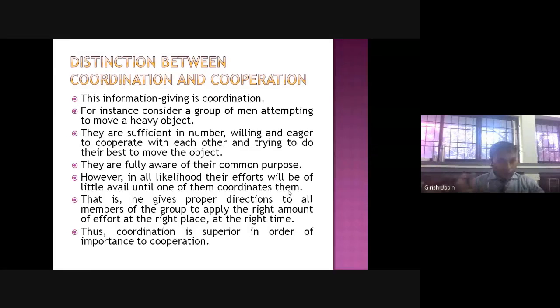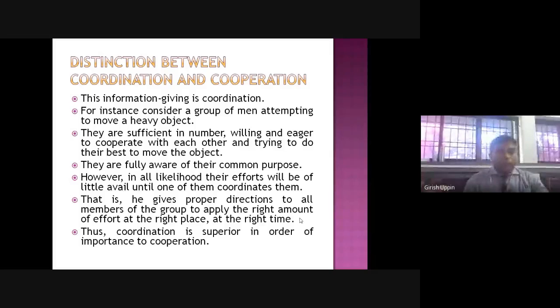They are moving a very heavy object. Sufficient numbers are there, with cooperation. Everybody is capable and they could finish that work, but unless somebody coordinates and steers the work, it will not be done. That is, he gives a proper direction to all the members of the group to apply the right amount of effort at the right place at the right time.